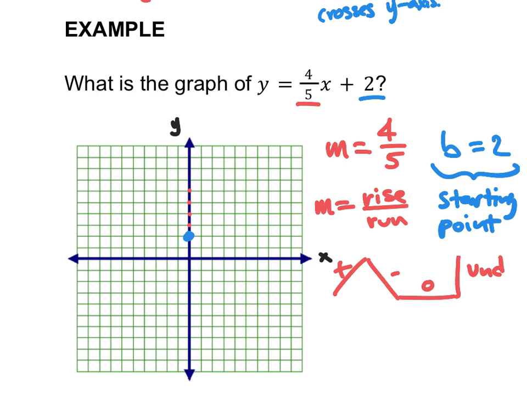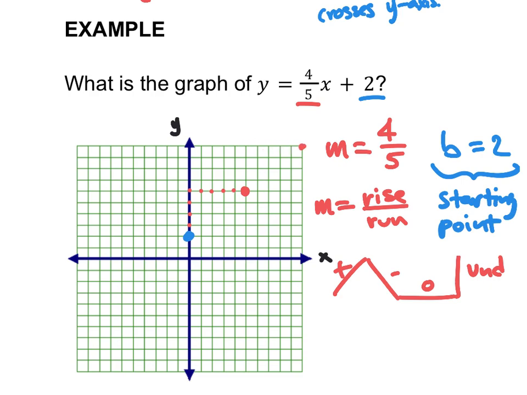All right, and then I'm going to move over 5 units. I'm going to go over 1, 2, 3, 4, 5, and that's going to be my other point on this graph. Now I can continue this pattern. I can go up another 1, 2, 3, 4 and go over 1, 2, 3, 4, 5, and I can plot another point.